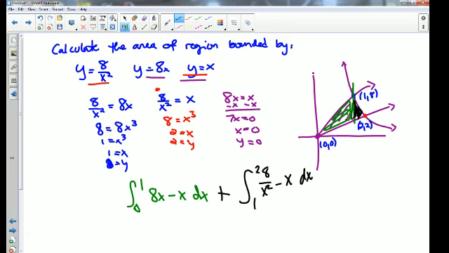Because that's where I have to write 2 different integrals. See how this is one function and then this is another on top? They're different tops. The bottom remains the same, obviously, but the tops are different. That's about as hard as they'll get.